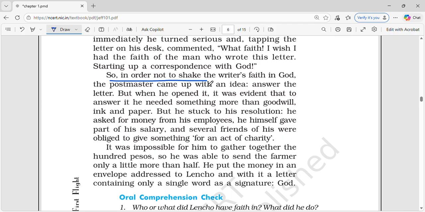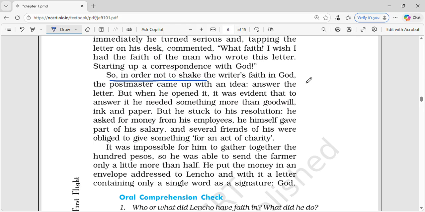But when he opened it, it was evident that to answer it he needed something more than goodwill and ink. But he stuck to his resolution. He asked for money from his employees, and he himself gave a part of his salary, and several friends of his were obliged to give something for an act of charity.